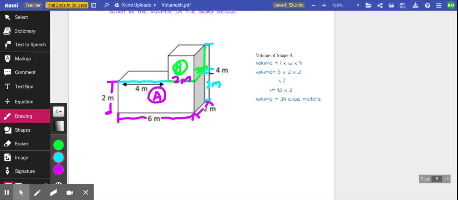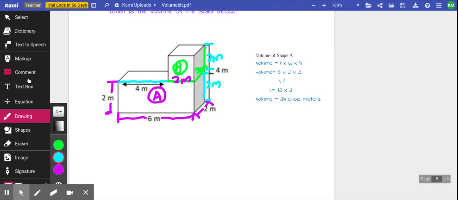So if I know from here to here is 2 meters, and the full height is 4 meters, that means this missing measurement will also have to be 2 meters, because 2 plus 2 gives us the full height, which is 4. So the length of prism A is going to help us figure out prism B, just like the height of prism A is going to help us figure out the height of prism B. So my length, width, and height of prism B is 2 meters by 2 meters by 2 meters.